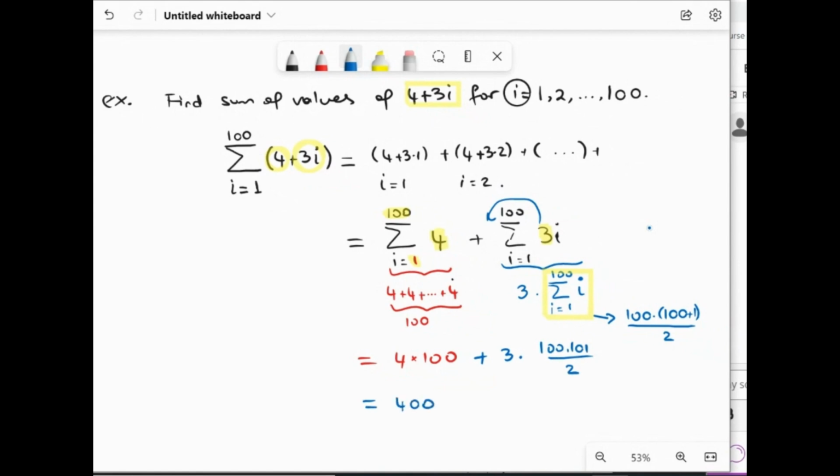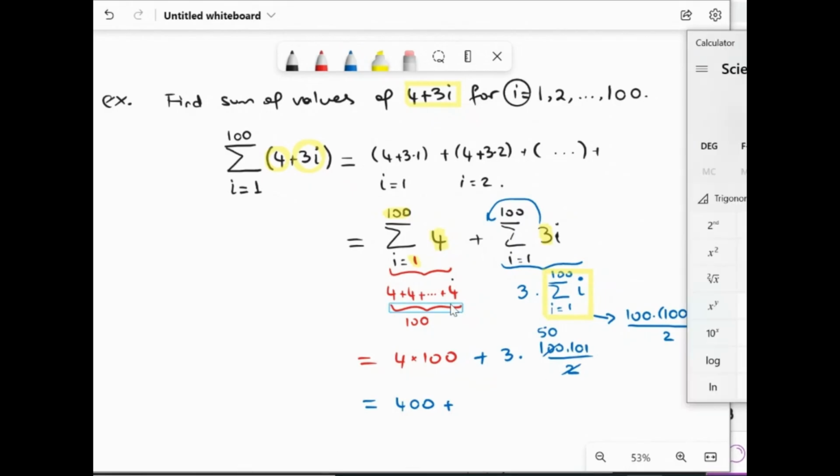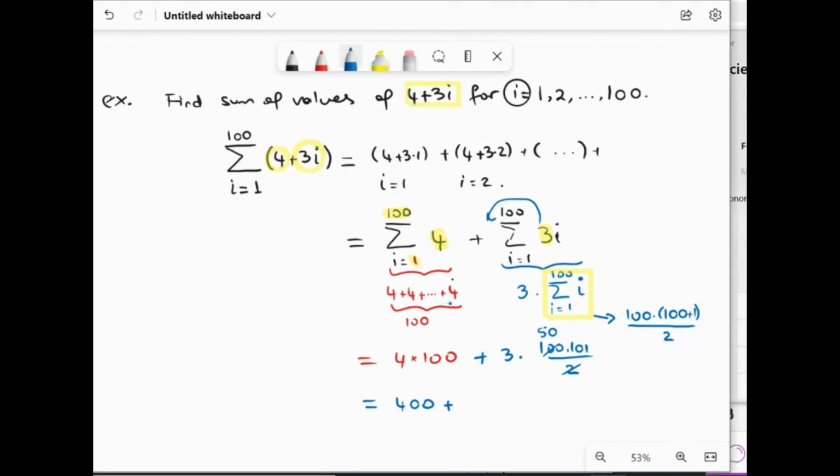Well, this is going to be 400 plus, so this is going to be 50. 101 times 50 times 3, which is 15,150. And add 400 to this, so we will find 15,550.